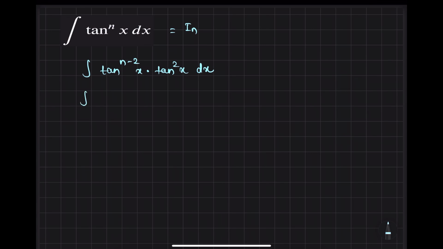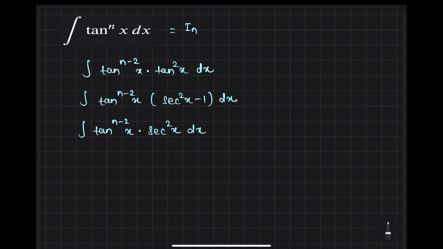So can I break down this tan square x as sec square x minus 1 dx? Okay. Now try to recall that while handling integration, you guys have converted questions like that into trigonometric functions.